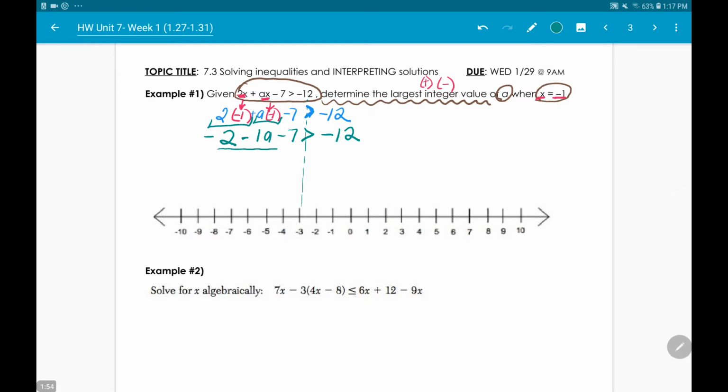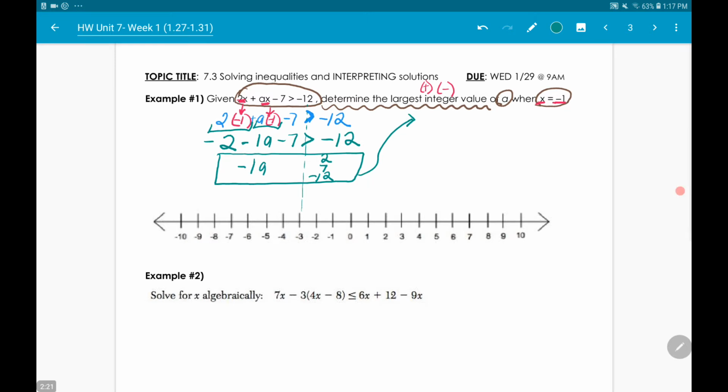Now let's make my box. I have the negative 1a here, the 2 here, the 7 here, negative 12 here. Remember, 2 and 7 flip signs because they cross the line. Let me continue here so we don't run out of space. So I have negative 1a is greater than, and we have to combine all of this: 2 plus 7 is 9, minus 12 is negative 3.